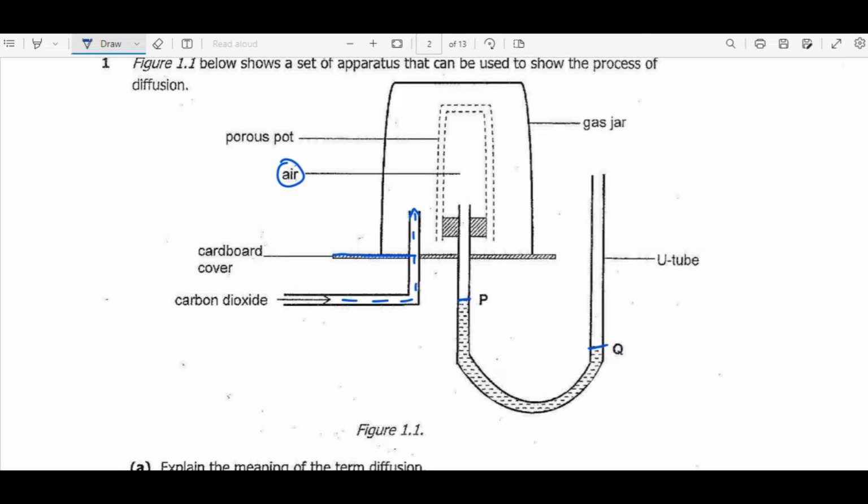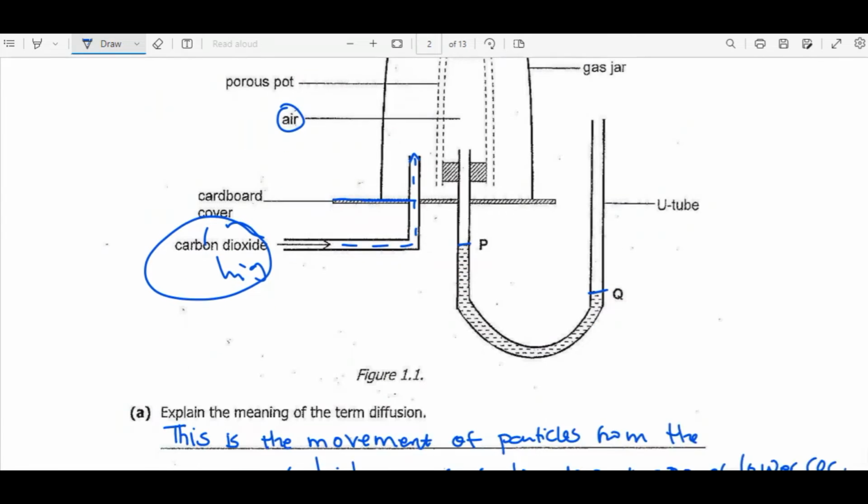So the carbon dioxide would diffuse from this region of high concentration into this region of lower concentration. So that's the picture that we are looking at here. The reason behind the cardboard cover is to prevent the entry and exit of air. So we just want the air and the carbon dioxide to remain inside.